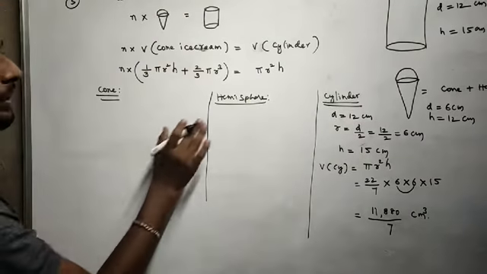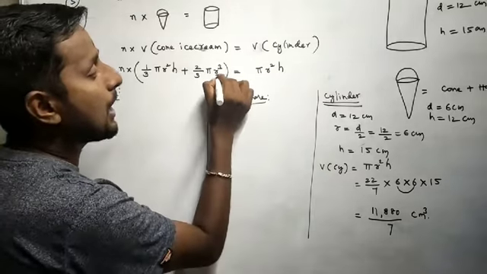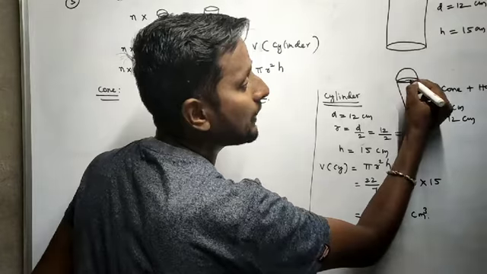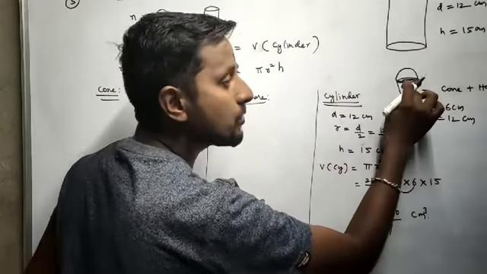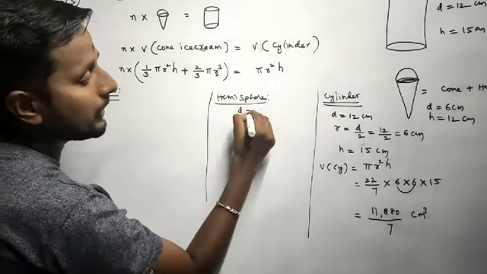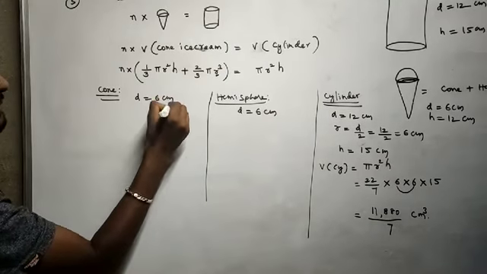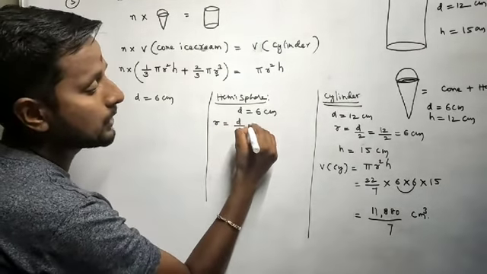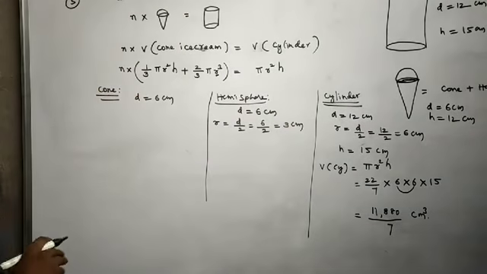It's the cylinder. Now if you go with the hemisphere, we need R. The diameter given belongs to the cone and also to the hemisphere. So I can directly write D value 6 here and D also 6 for the cone. R is equal to D by 2, that is 6 by 2, so it is 3 centimeters.